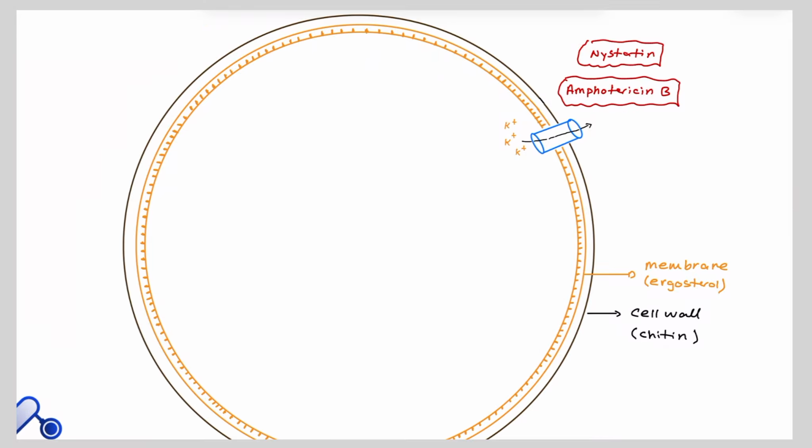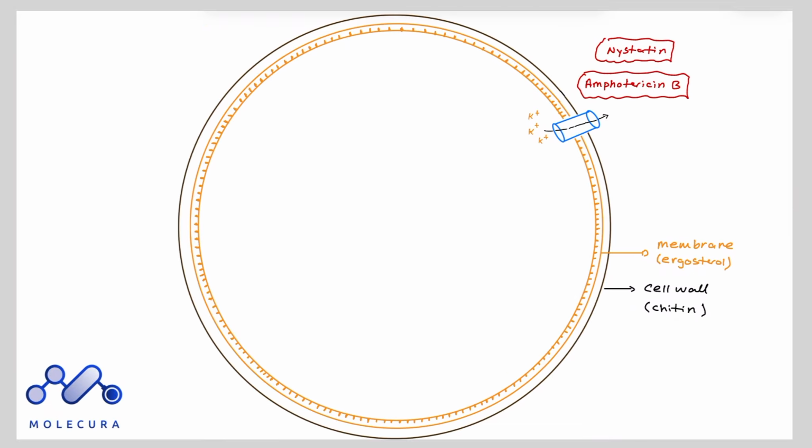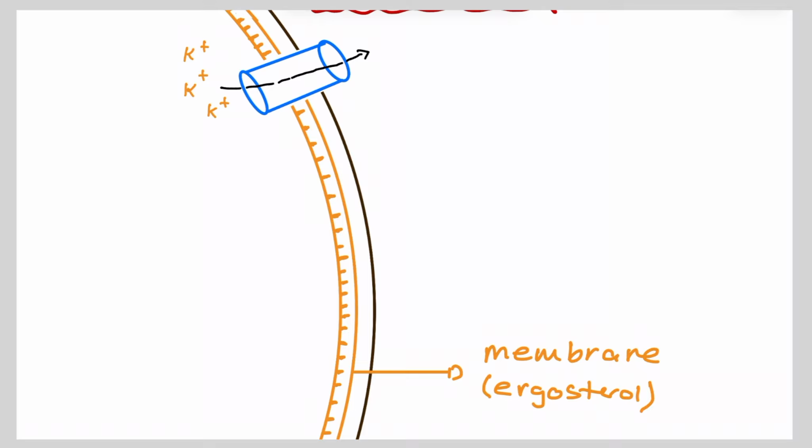So this is the process by which the fungal cell is killed by nystatin or by Amphotericin B. These medications bind to ergosterol on the plasma membrane and create pores in it, which leak the electrolytes outside the cell and cause the death of the fungal cell.